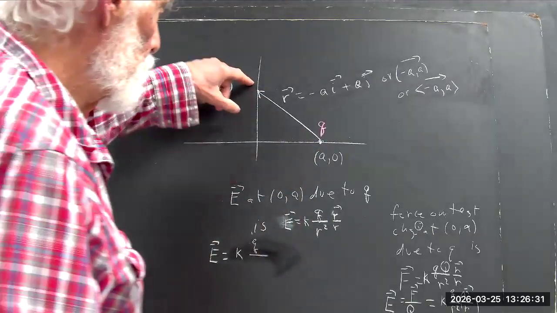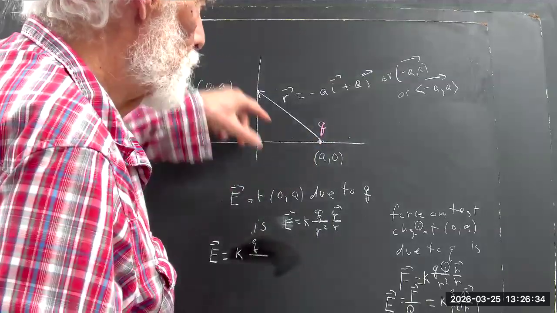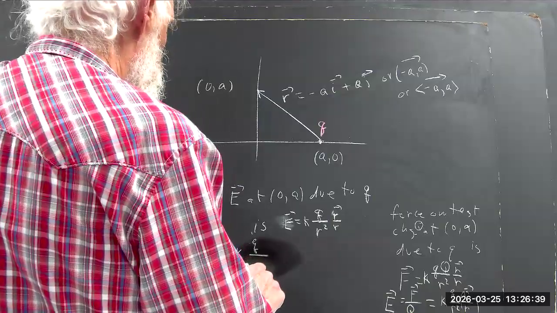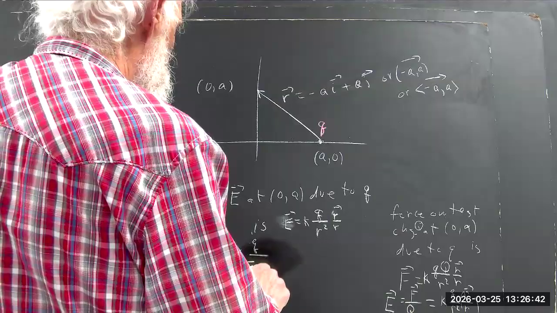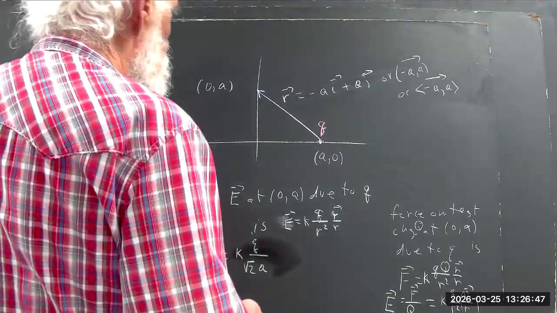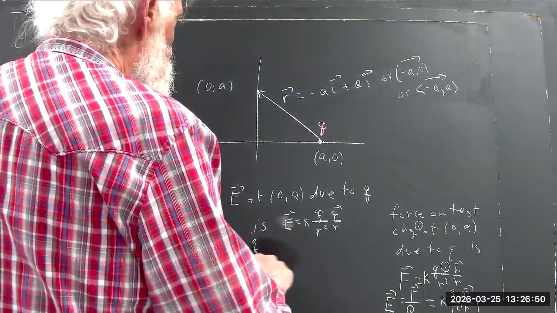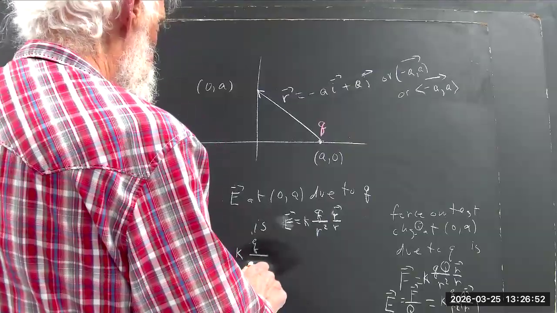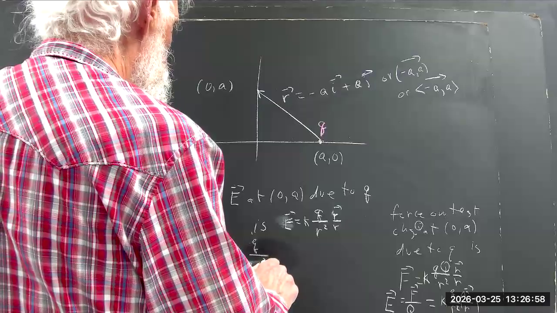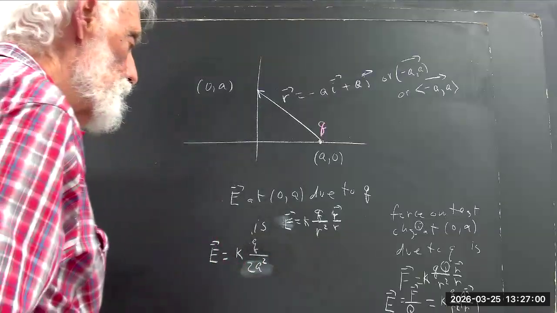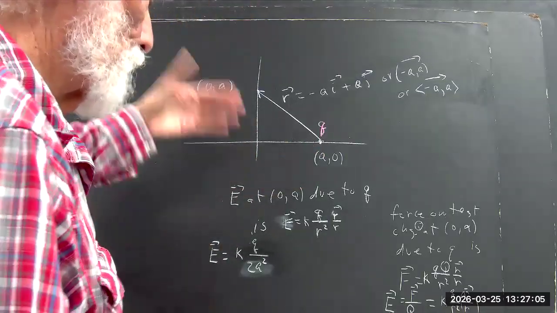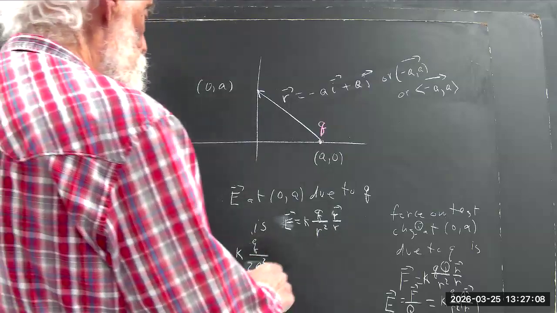Well, R is the hypotenuse of a triangle with legs A and A. R squared is the sum of the squares of the legs, and you get Q over 2A squared.